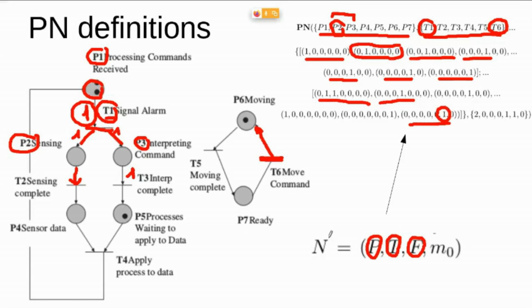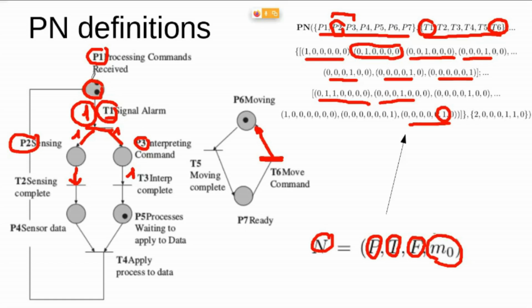Finally, for the Petri net definition, we have the initial marking. So, the initial tokens that are placed in our conditions. In other words, where are the tokens? Which is the initial state of the system, the initial marking of the system.